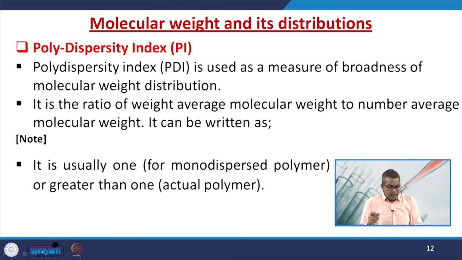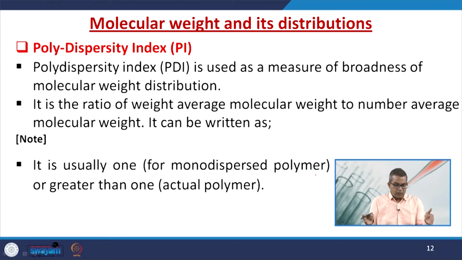Now, another important part of this concept is the polydispersity index. This polydispersity index offers a very vital role when we discuss the polymerization process and the distribution of molecular weight, etc. So, this is used as a measure of the broadness of a molecular weight distribution.